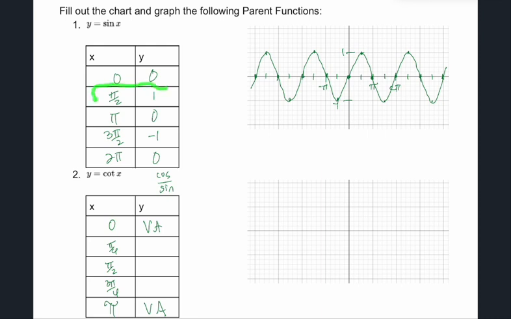You can also use pi over 2 as a helpful guide as to what happens. Remember, for the cotangent and tangent, smack dab in the middle of every vertical asymptote is a 0. And so that's why this one's a 0. The ones that are weird are pi over 4 and 3 pi over 4. That's 1, that's -1.